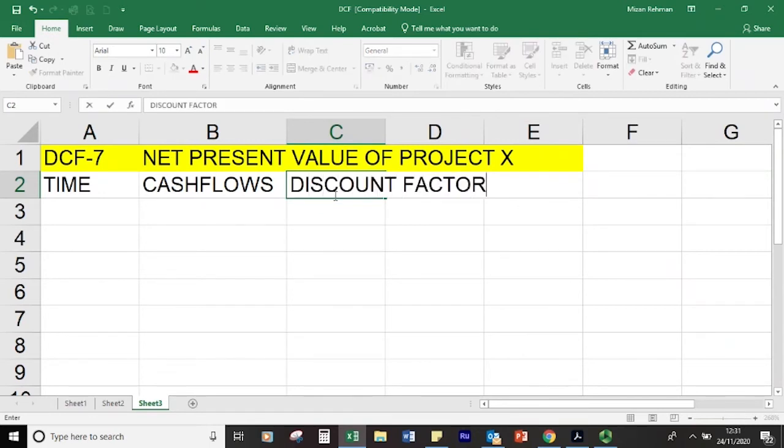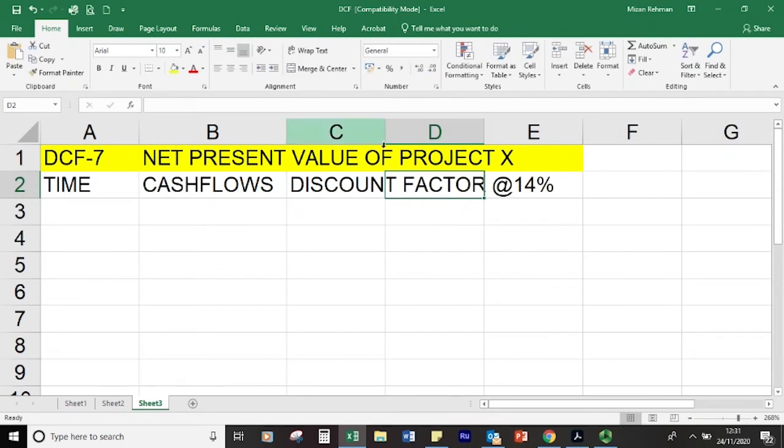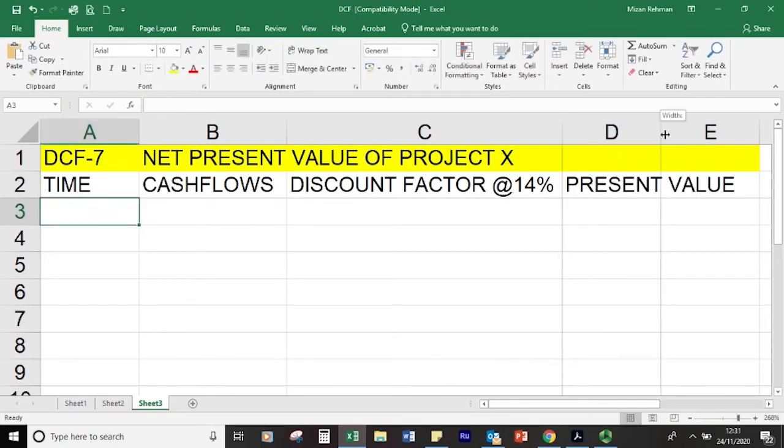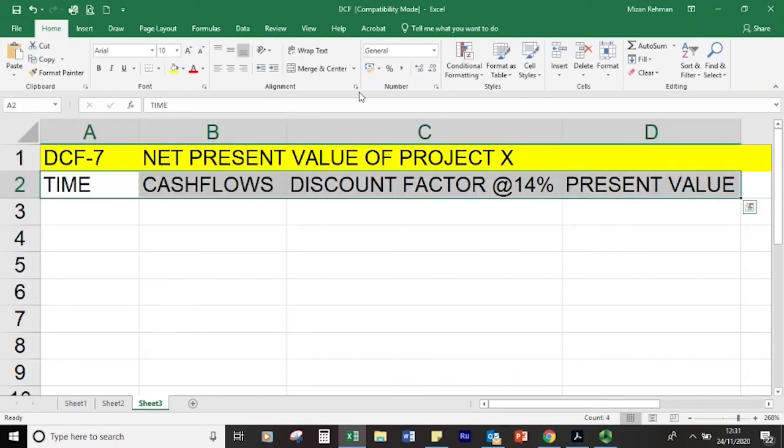Discount factor at 14%, because the question says that 14%, and then present value. So when we multiply our discount factor with cash flow, we get present values.